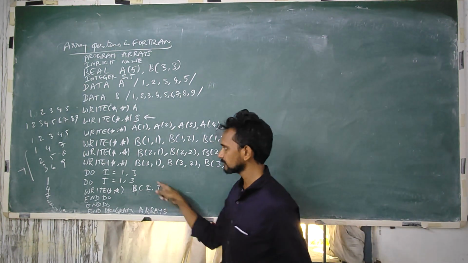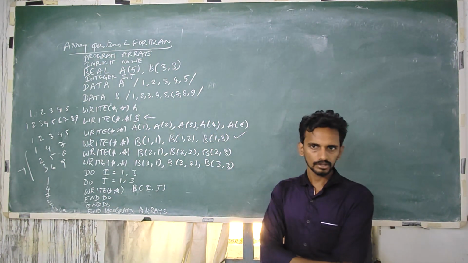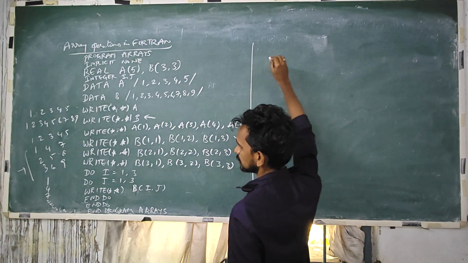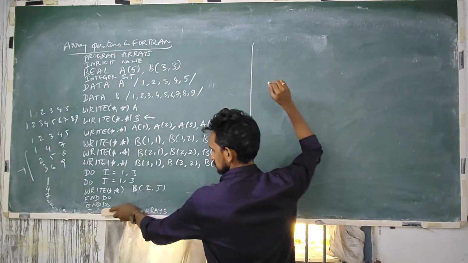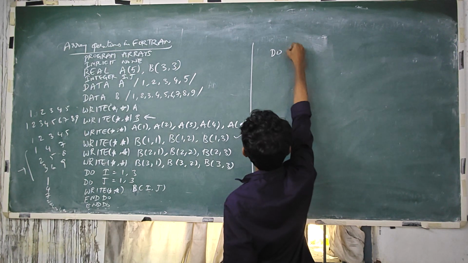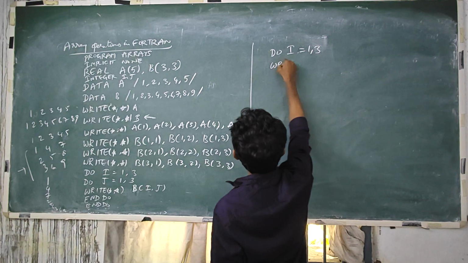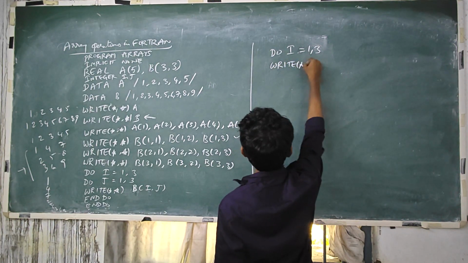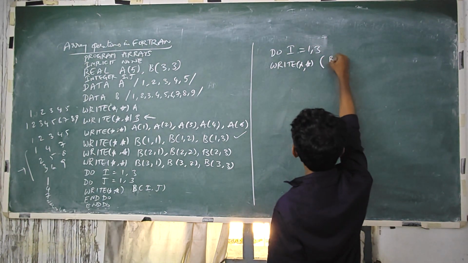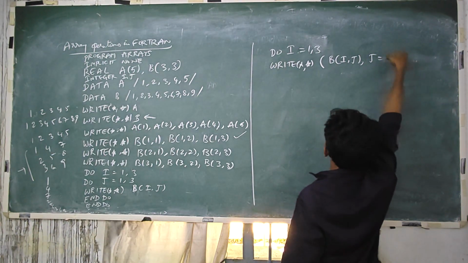So the alternative method for this is you can write the do loop in one line. There is a shortcut, called an implied do loop. So how to write that? It can be written as: the first loop is the same, do I is equal to 1, 3, write star, star, a new bracket, B of I, j, j is 1, 3.